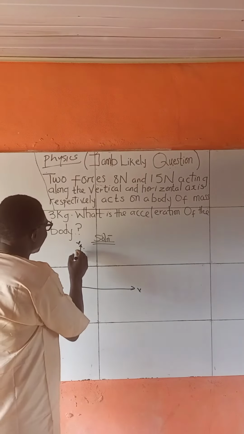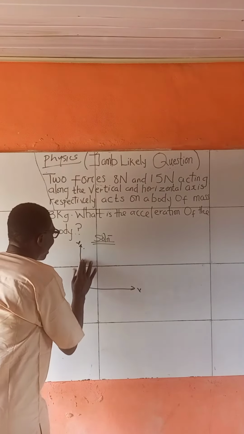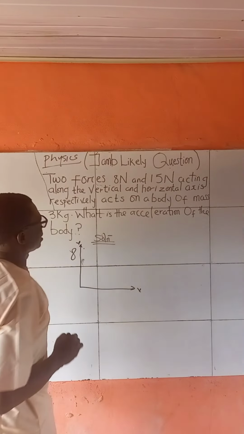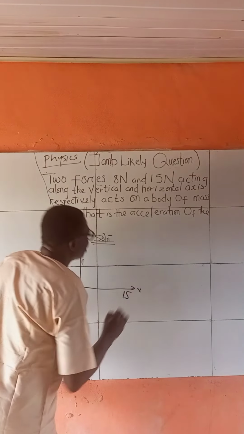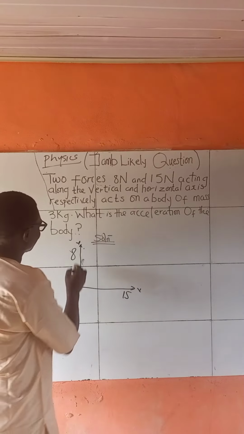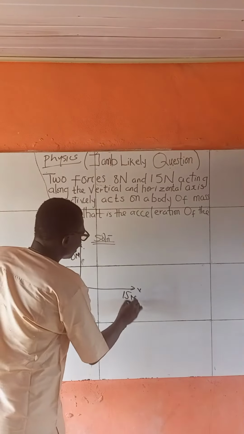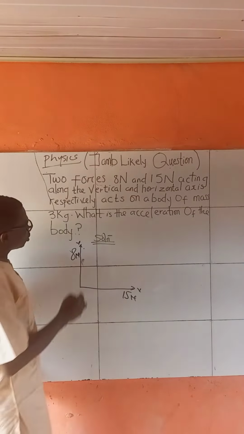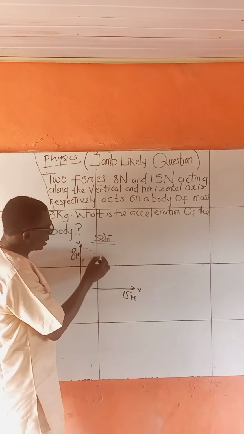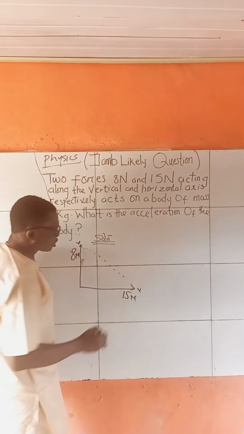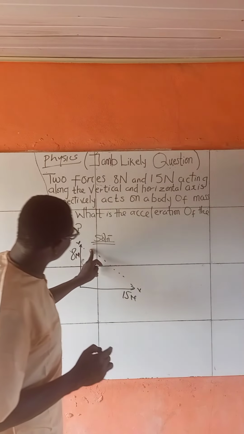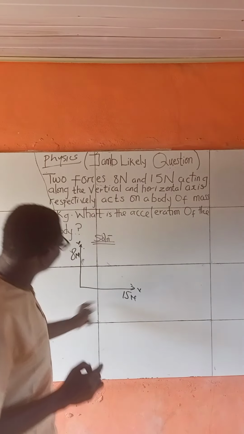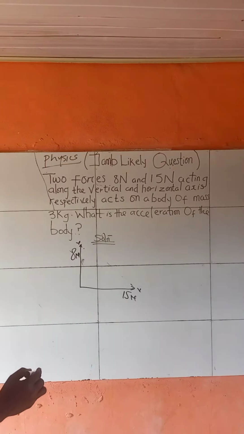My y-axis is 8 and my x-axis is 15. 8 Newton, 15 Newton. Actually, when I join this line together, it is called the resultant. And that is exactly what we are going to do, but we are not going to join the line together. We are going to solve it mathematically.